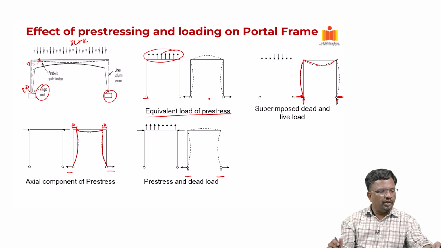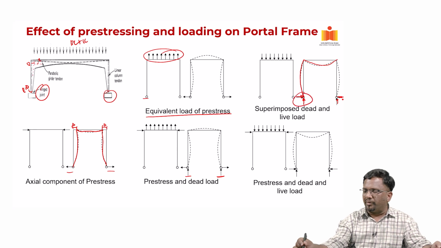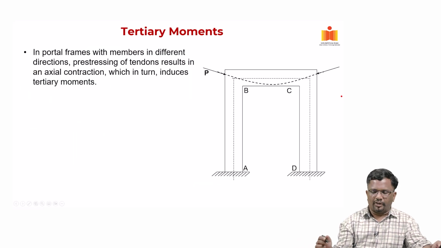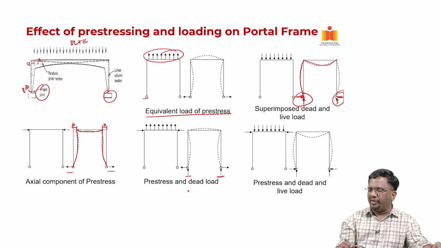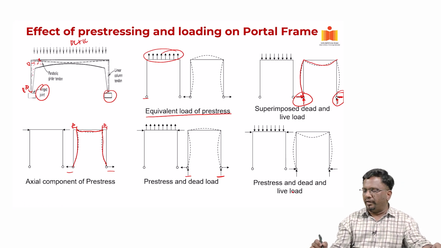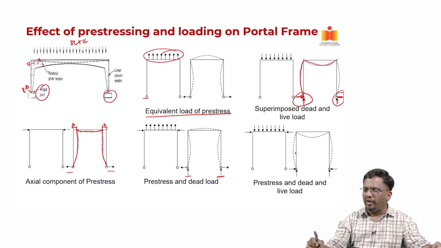Now, when you have combinations of pre-stress, dead load and live load, these reactions can be quite significant. When you add the pre-stress, dead load and live load effect and the moment is high, then the net reactions will become similar to what you have for superimposed dead load and live load, and the deformation will become like this.